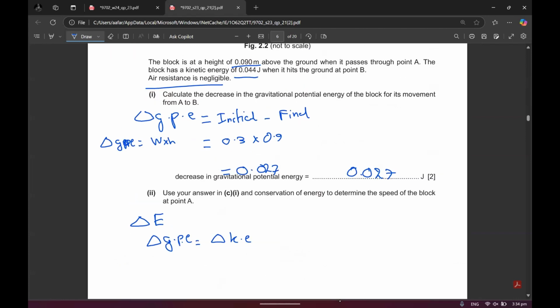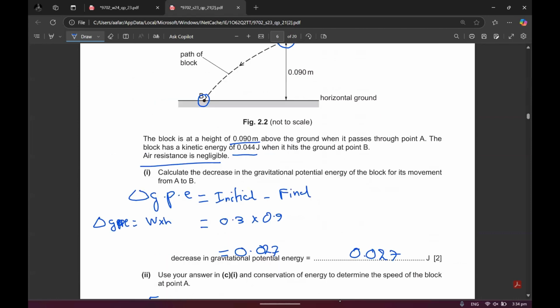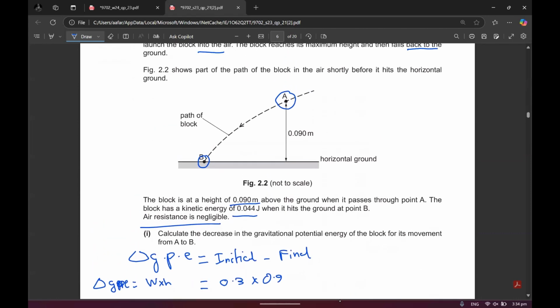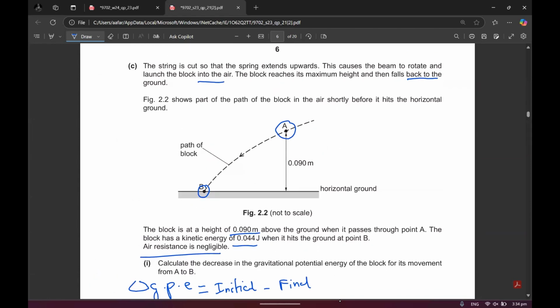So we know that the change in GPE is 0.027 joules. And at B, it has a kinetic energy of 0.44 joules.